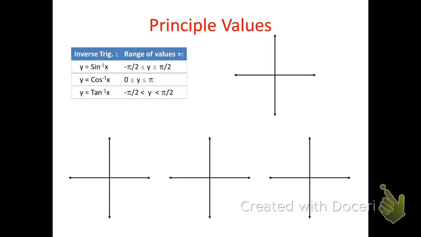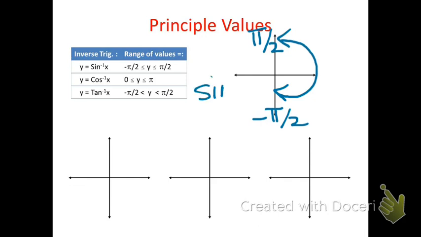So for sine, you're going to find that it will give you a graph or an answer in these two quadrants, from negative pi over 2 to pi over 2. So for instance, if I were to ask you what is the inverse sine of negative 1/2, the answer would be negative 30 degrees.